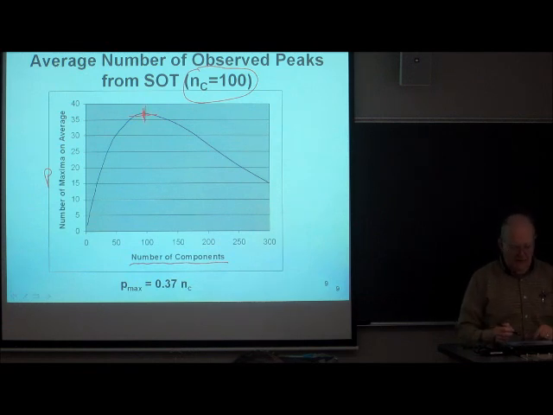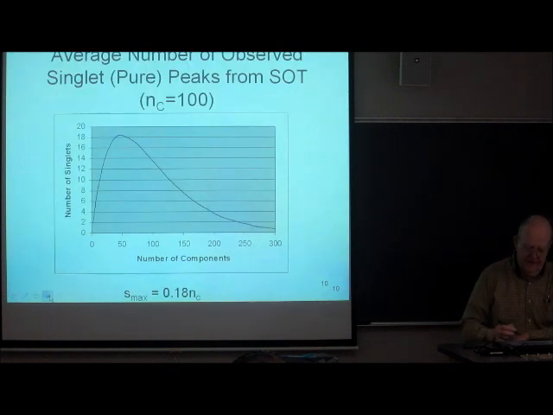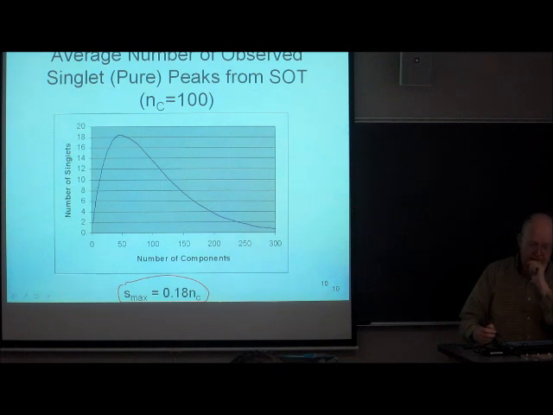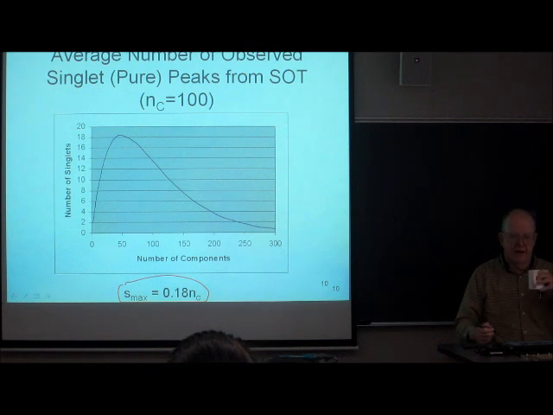We can do the same calculation for the number of singlets, i.e. pure peaks. It turns out that the maximum number of singlets that you can see is 18% of your peak capacity. And the singlets are the peaks that you can analyze for. The peaks which are vastly overlapped, you really can't analyze for those compounds. You've got to split the peak.